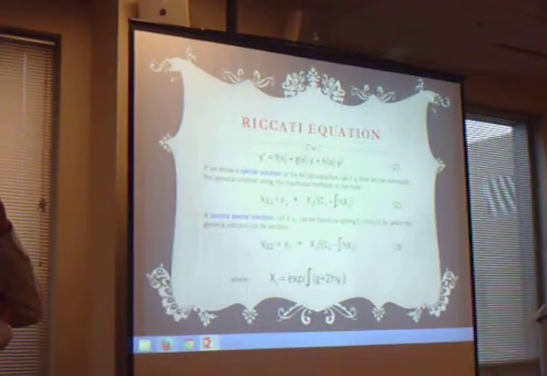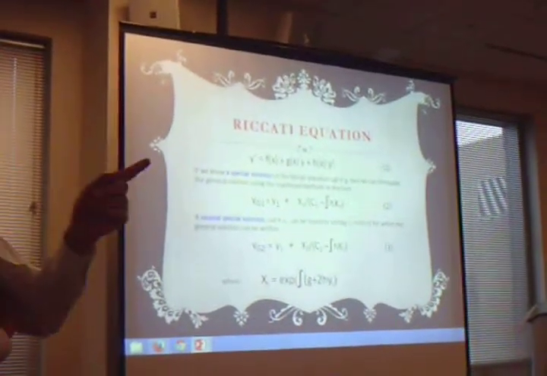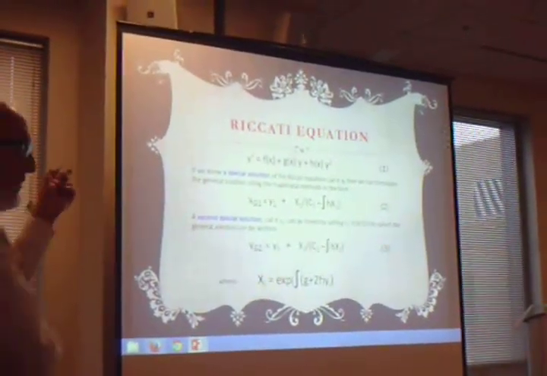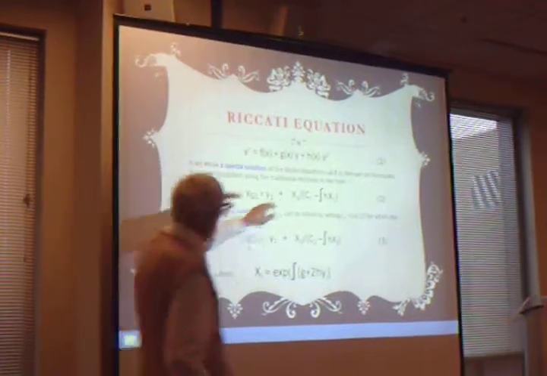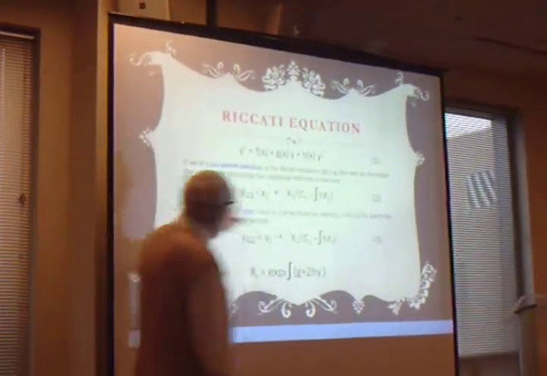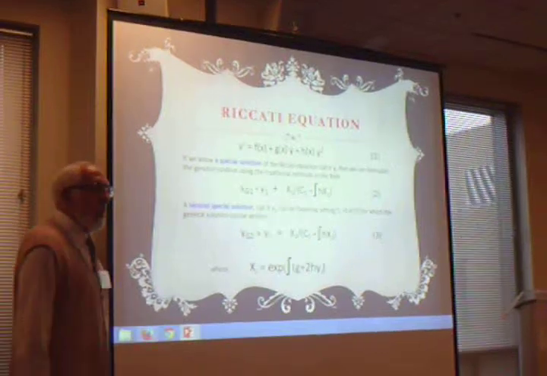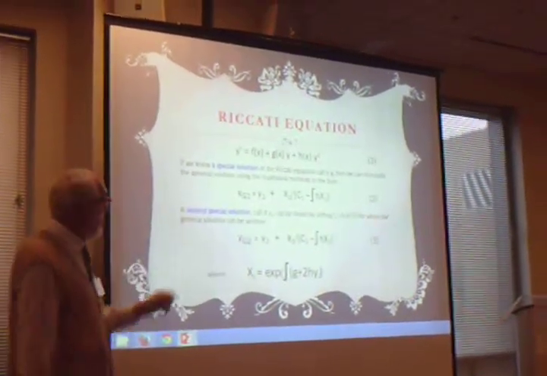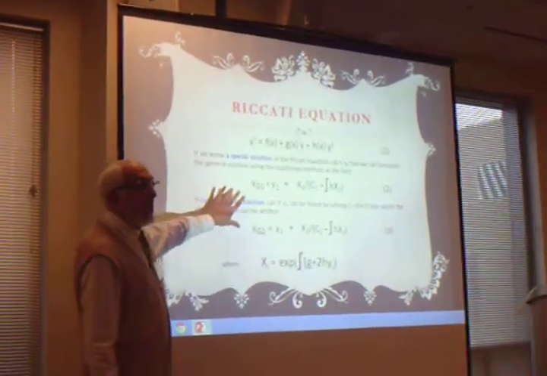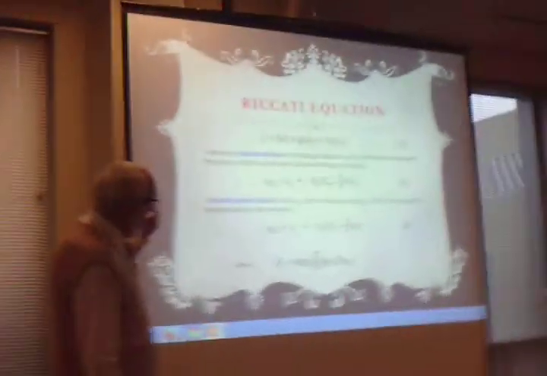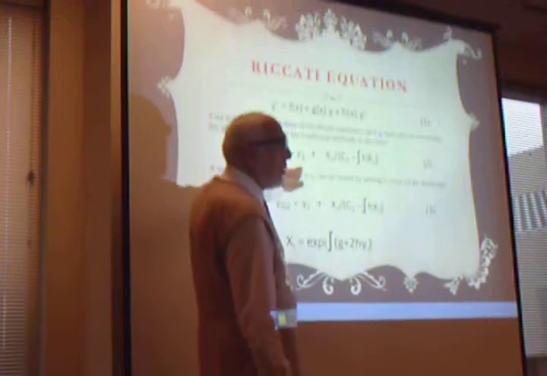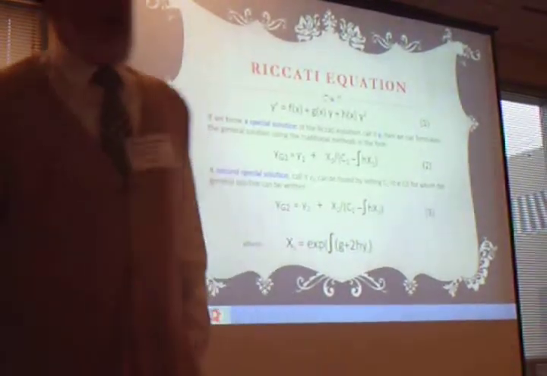1971, I was studying the Riccati equation. And the Riccati equation is a first order, second degree equation. My first thought about duality was there. Now, if you know a special solution called y1 of the Riccati equation, you can write the general solution.